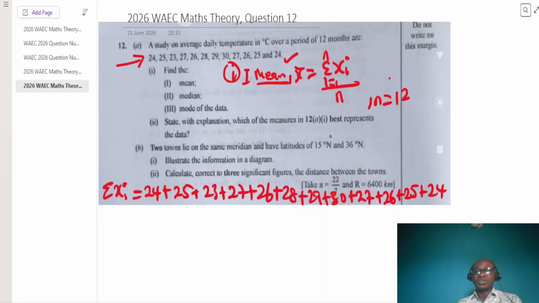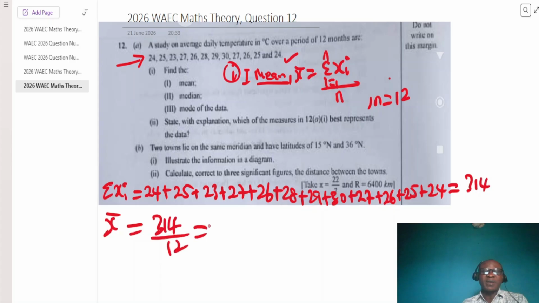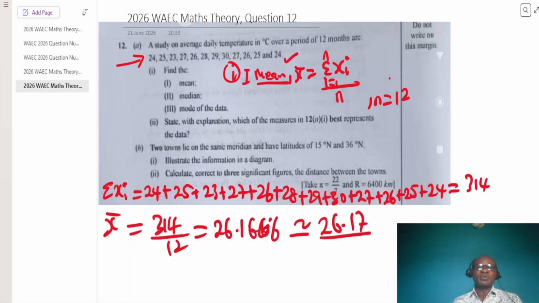All the values give me a total of 314. Therefore, to find the mean, it is 314 divided by 12. That will give us the actual mean. Divided by 12 gives 26.1666, which is about 26.17 in approximation. So we have answered question I1.